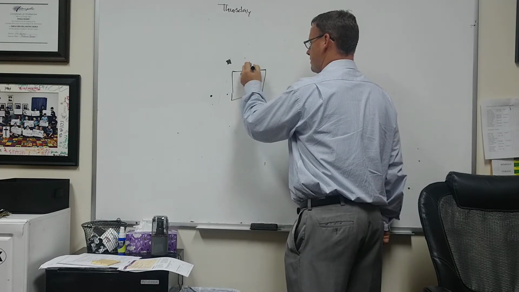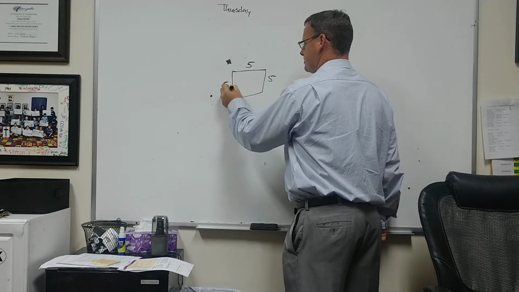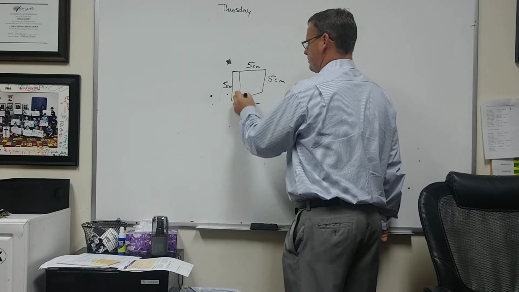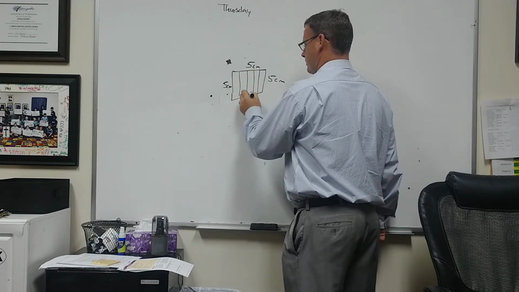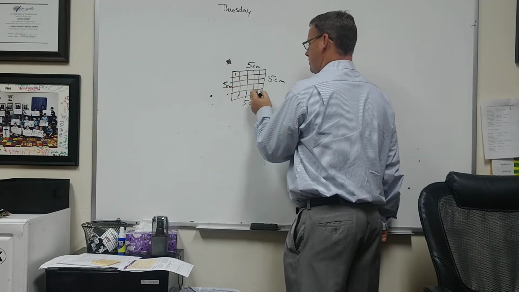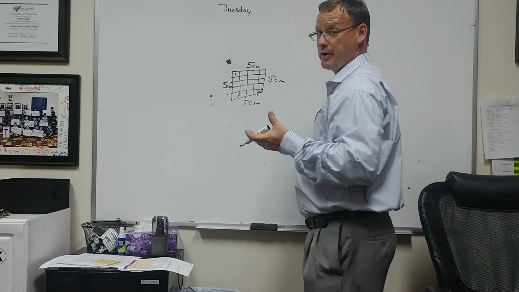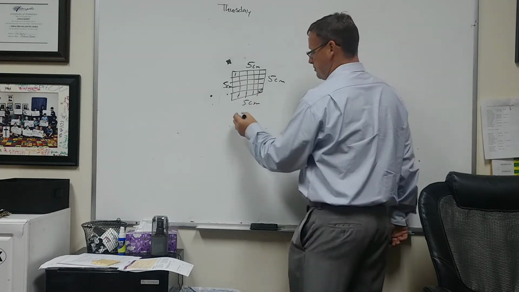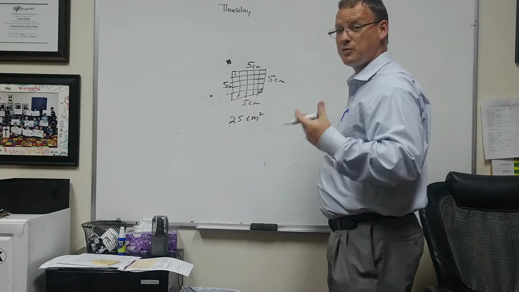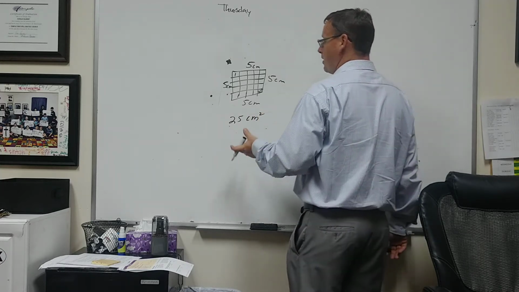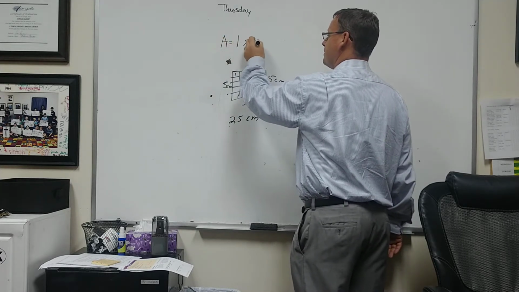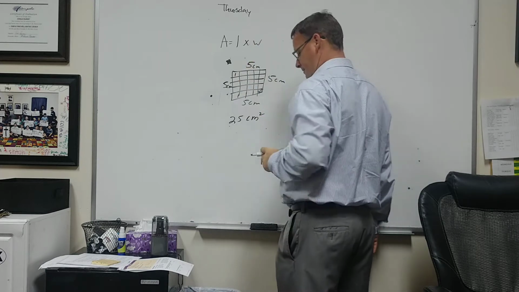All right, so if this square was 5 centimeters, then, okay, I could count all the way down and I would find out there were 25 of these squares inside there, which would mean that this was 25 centimeters square, 25 square centimeters. Okay, I also can employ our new A equals length times width, 5 times 5.